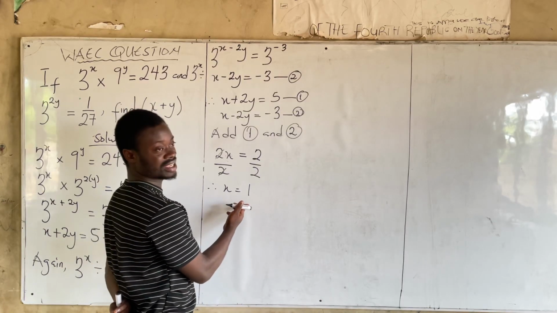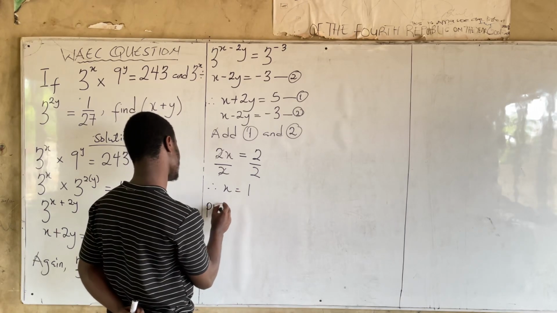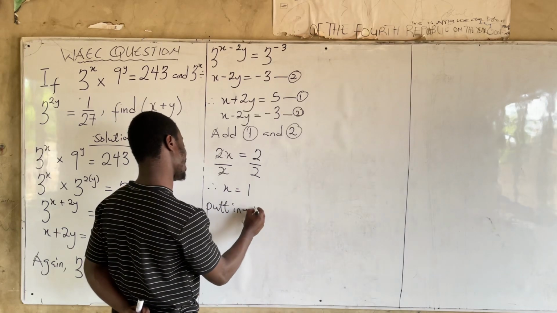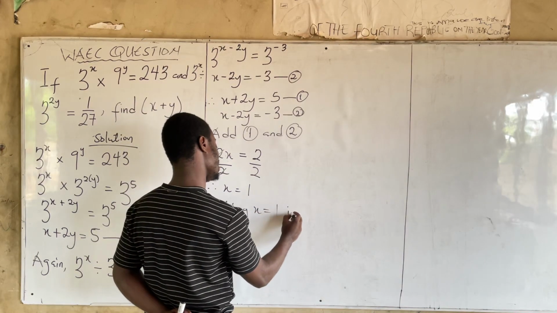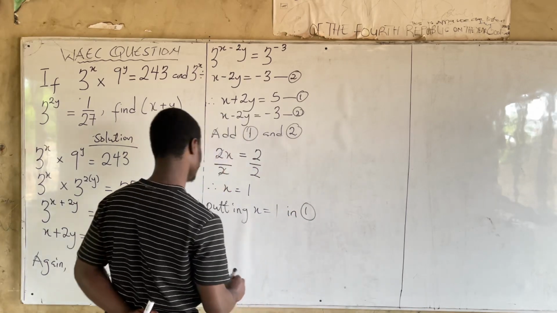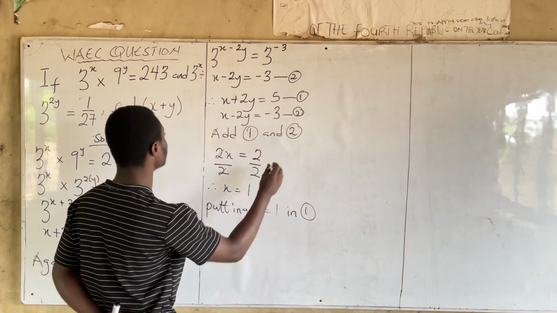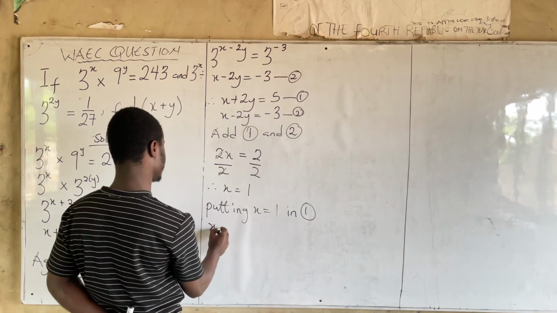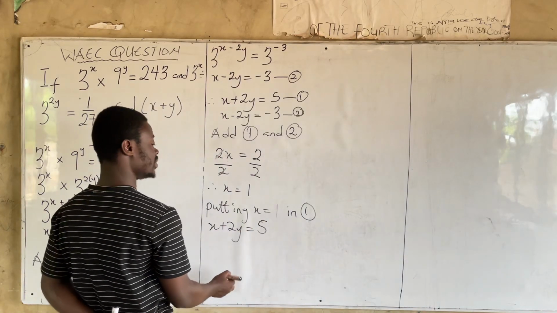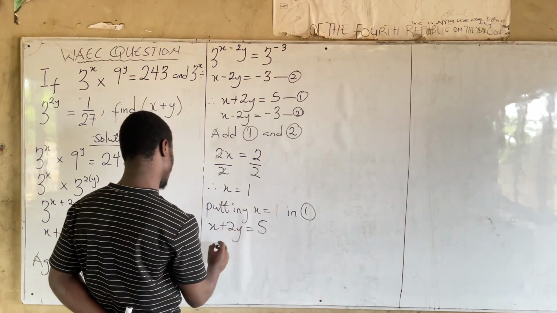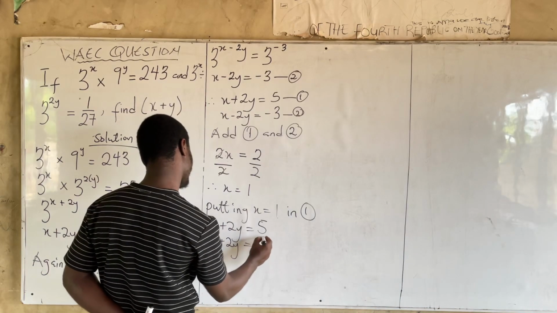Now let's put x into any of the equations and find y. Putting x equal to 1 in equation 1: wherever we see x in equation 1, we replace it with 1. Equation 1 is x plus 2y equal to 5, so 1 plus 2y equals 5.